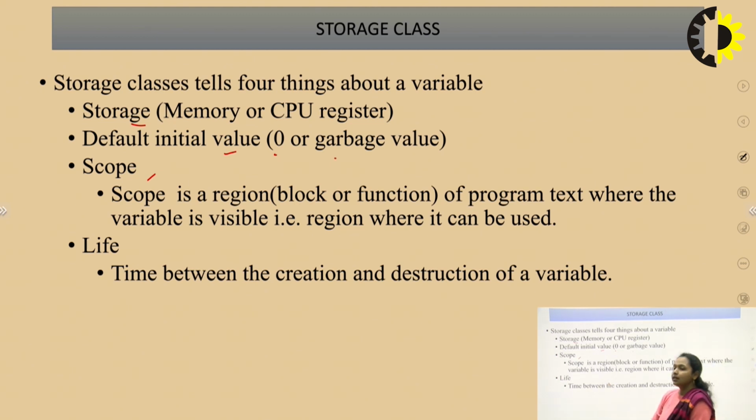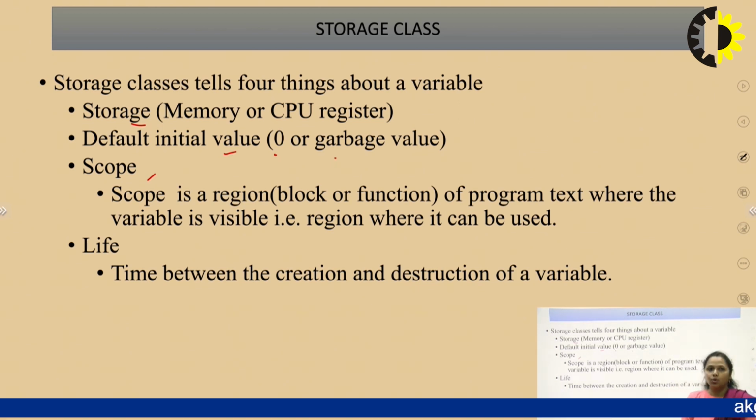And the last is the life. What is the life of the variable? That is the time of creation and destruction of the variable. At which time you have created a variable and at what time it is destroyed, that is the lifetime of a variable. So all these 4 parameters are described while we are using various storage classes.